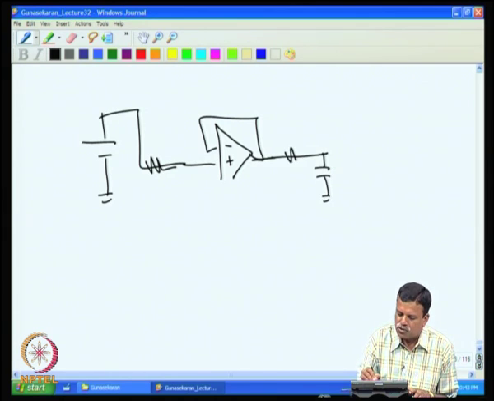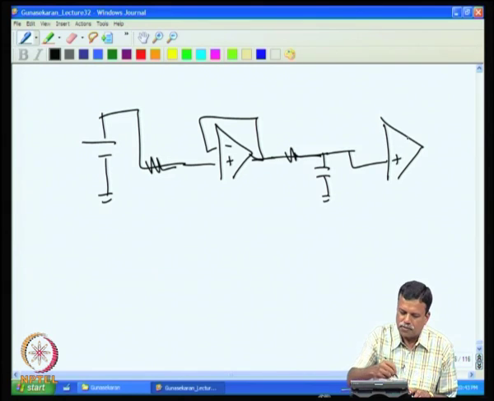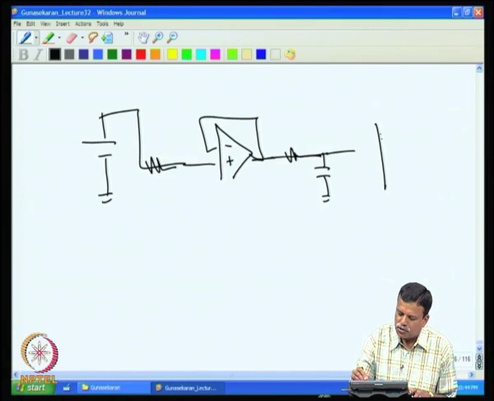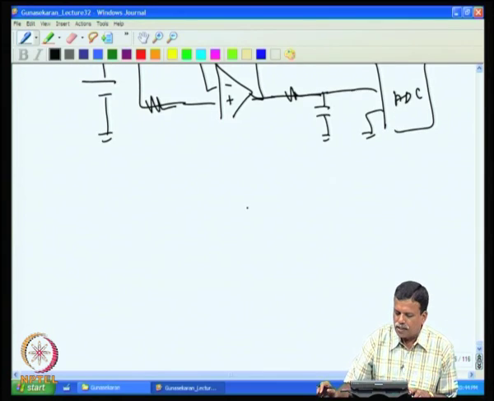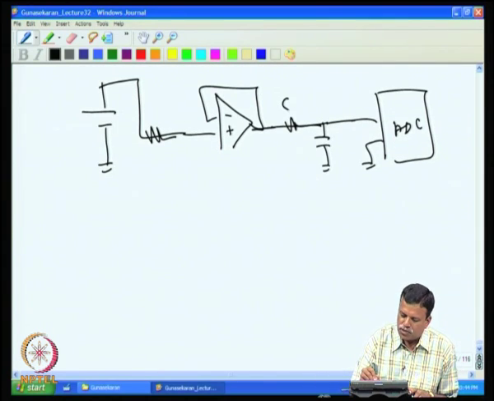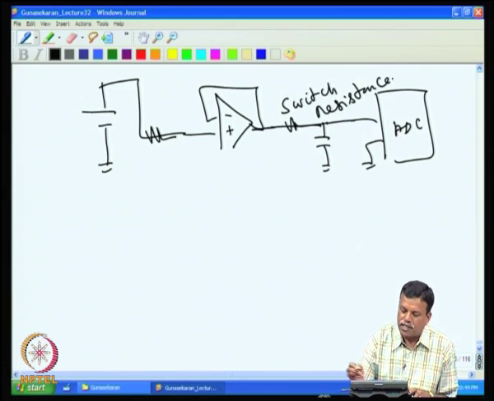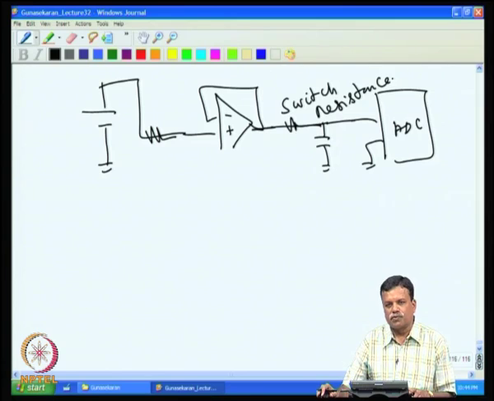Then only the switch resistance comes into play, and then this can go to the ADC. In this case only the switch resistance is coming, which can be very small. So, the charging time can be reduced to a few microsecond.